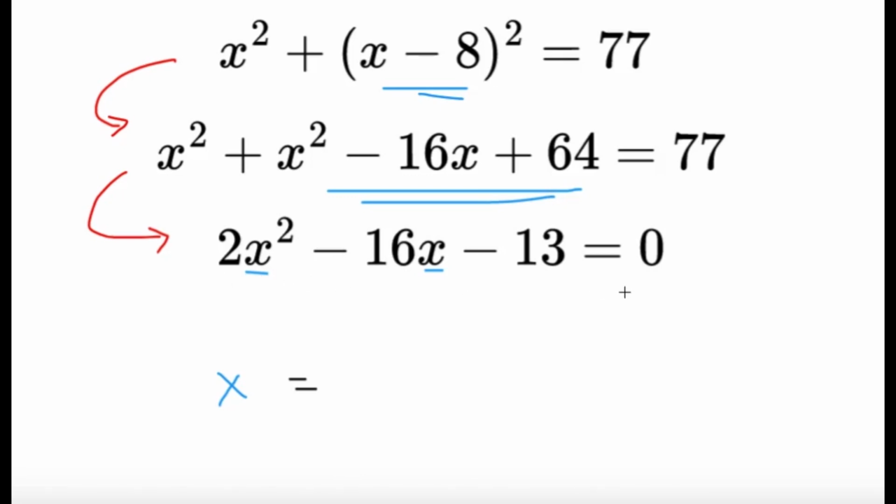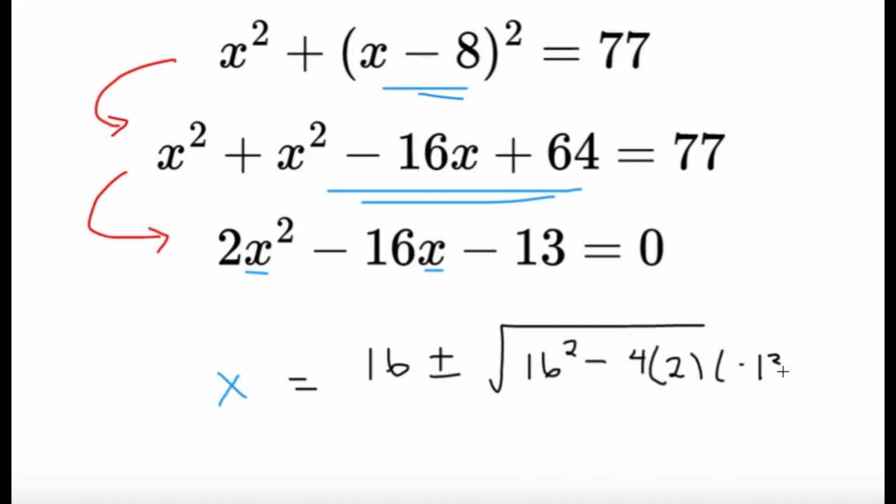And then we can solve for x. Unfortunately, this is not factorable, so we have to use the quadratic formula. That's going to be 16 plus or minus the square root of 16 squared minus 4ac, so 4 times 2 times negative 13, all over 2a.